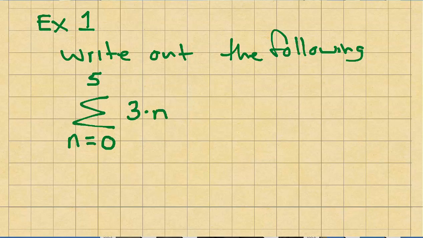So there's our sigma notation. We're going to start at 0, go to 5, and use the rule 3 times n.